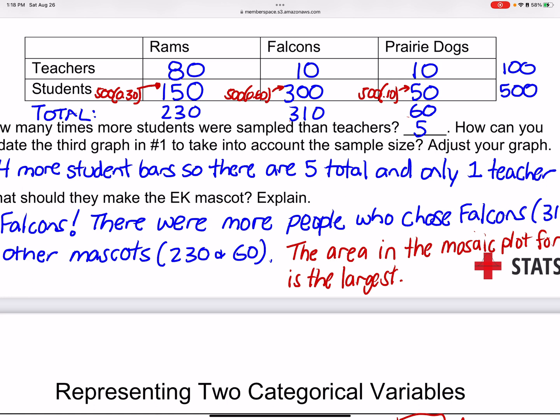So when you look at the totals, the RAMs were 230 total, and Falcons were 310. The Falcons were actually bigger than the RAMs, and we were misled because the original aspect only had percentages, and I had a lot more students than teachers.